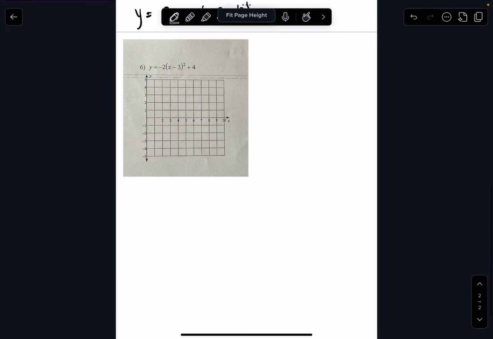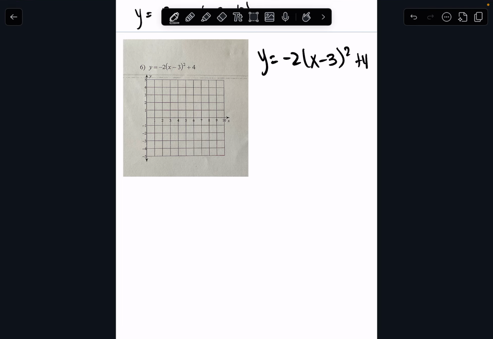This one, we got y is equal to -2 times (x minus 3) squared plus 4. So this one's going to be a little different. The first step, we're going to find the vertex again. If we remember, y equals a times (x minus h) squared plus k.